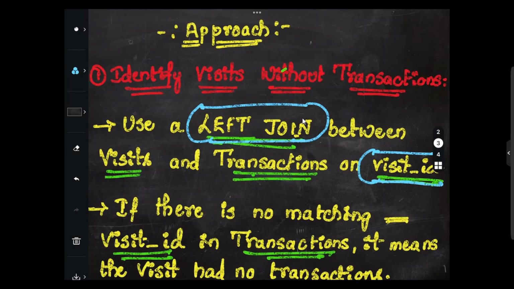So here if there is no matching visit ID in the transactions table, it means the visit had no transactions. In this case transaction ID is null. We can write it in this way.